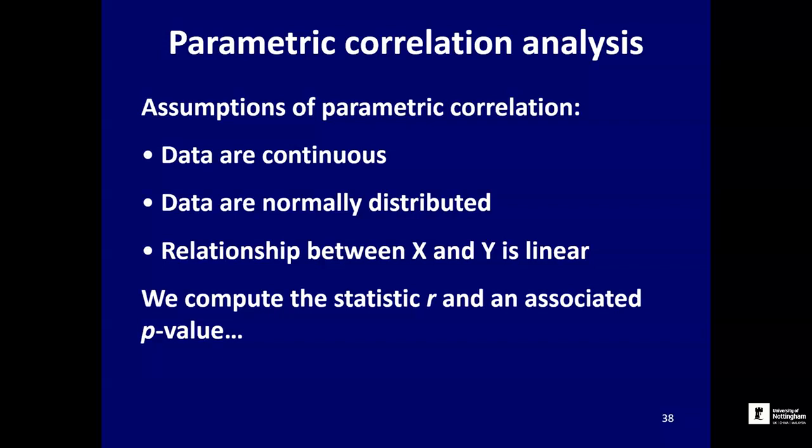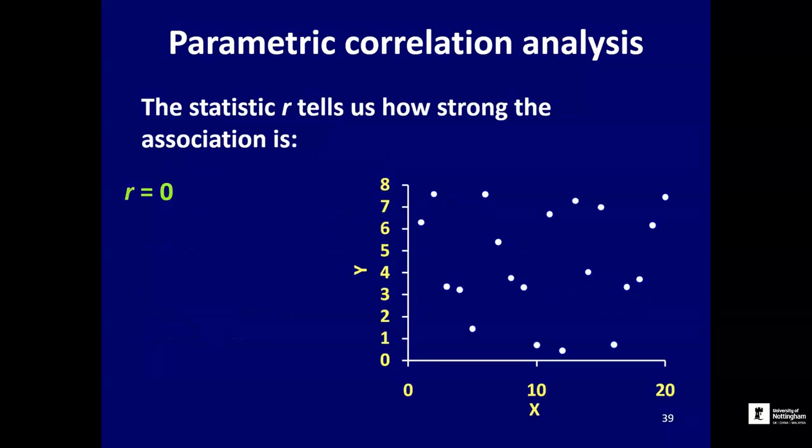Your computer will do it for you. It will generate a test statistic called R, Pearson's correlation coefficient, and a p-value, just as normal for any other stats test. So what's R going to tell us? R is going to tell us about the strength of the relationship between our two variables. When R is 0, there's absolutely no relationship between x and y, so you're going to see random dots on a graph, like the sky at night.